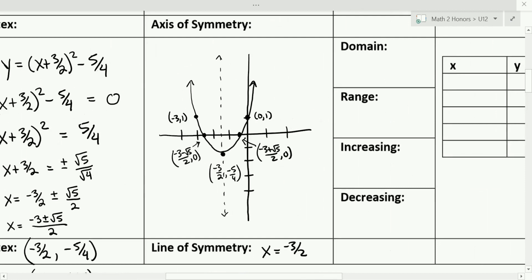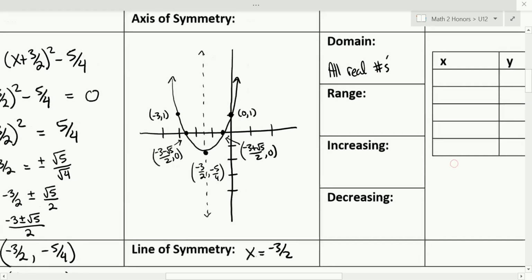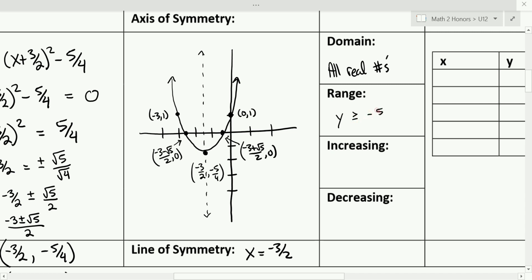So domain is going to be all real numbers. Justin, what's the range going to be? Good job.